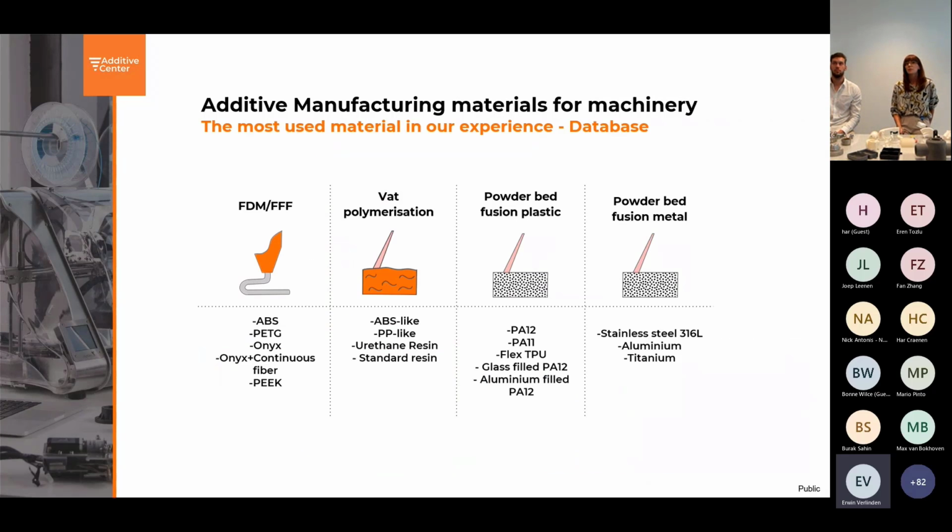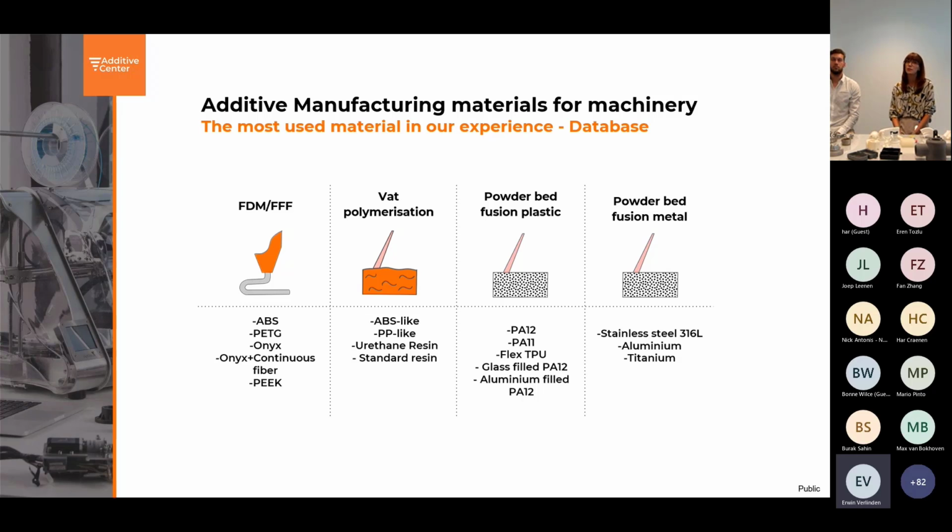Then when it comes to materials, there are many. We have a big database of materials. Here I just picked the ones that are maybe used most in the machinery industry. For FDM or FFF, the extrusion processes, we have ABS, PETG, Onyx. Onyx, as I mentioned before, is a composite material with nylon 6 and chopped carbon fiber.